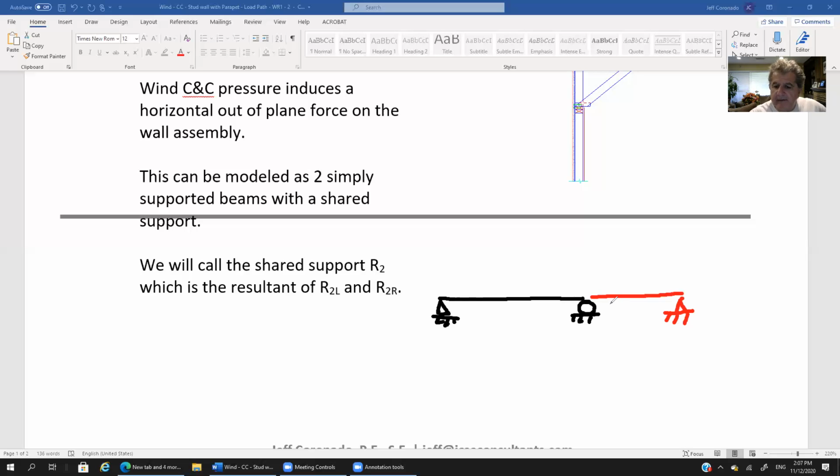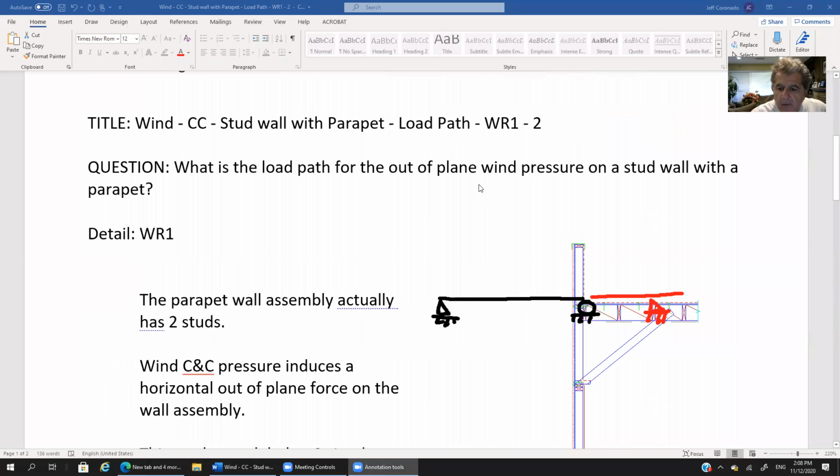And then the second stud that creates that parapet. Oh wait, I didn't draw this right. Because this is a simply supported element, but it has an overhang. Remember that? Oh, this sketch right here.